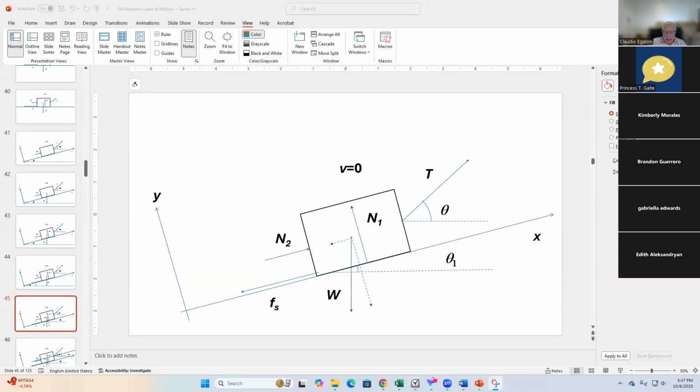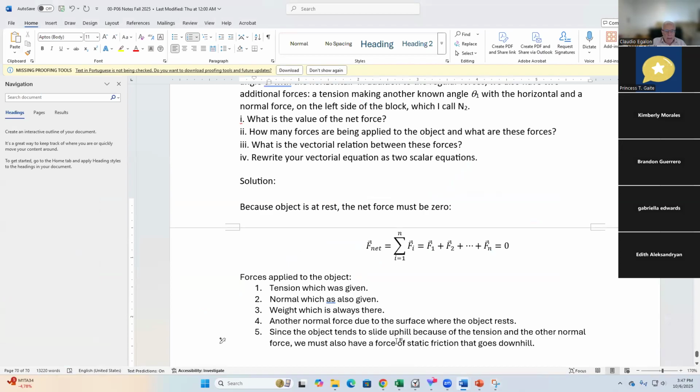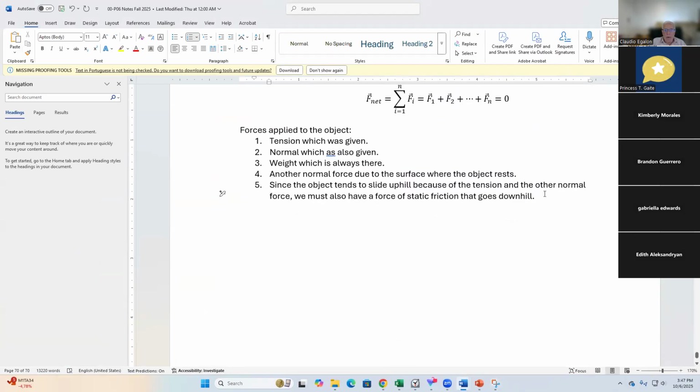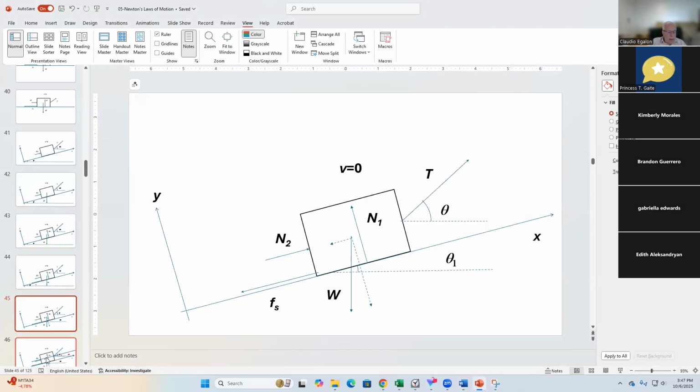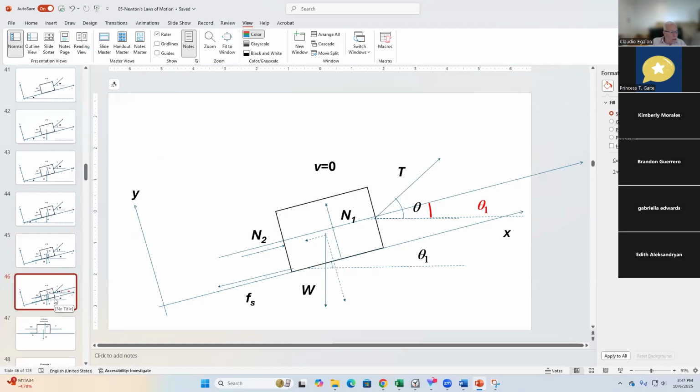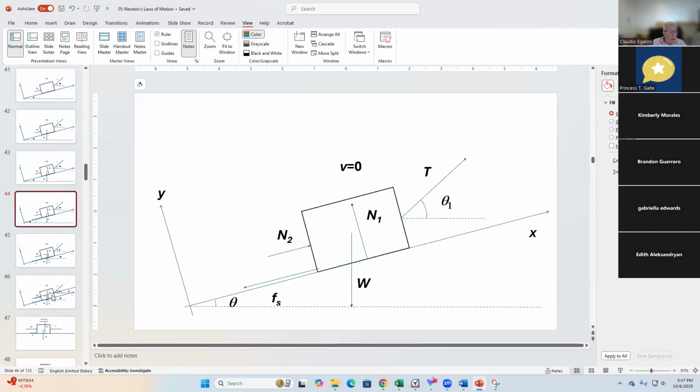Copy and paste. See below, right? There's something missing here. Yeah, there's an angle missing here. Yeah, that's the one I want to copy.